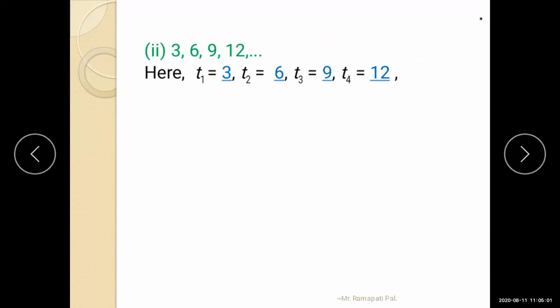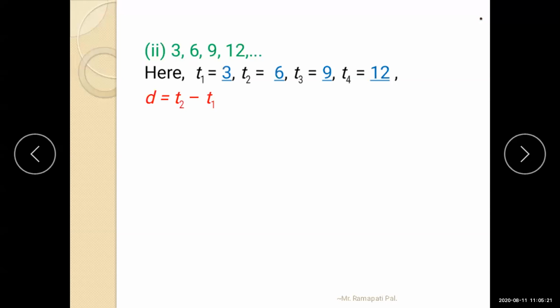Let's see the second question. 3, 6, 9, 12. This is our question. Here T1 is equal to 3. Now I will do it because you have done one question properly. I am proud that you are my student. T1 is equal to 3, T2 is equal to 6, T3 is equal to 9 and T4 is equal to 12. D is equal to T2 minus T1. You have to remember this.